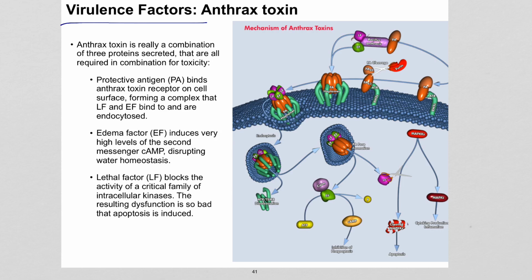And the only thing that DNA can really do is code for protein. And so by necessity, the toxins that these bacteria secrete have to be protein-based. In the case of anthrax, it gets a little more complicated because it's actually 3 separate proteins. And so anthrax toxin is really a combination of 3 different proteins, and all 3 are required to actually kill cells. And I'll go through them one at a time.